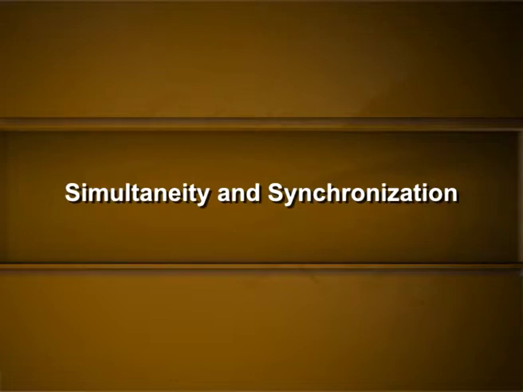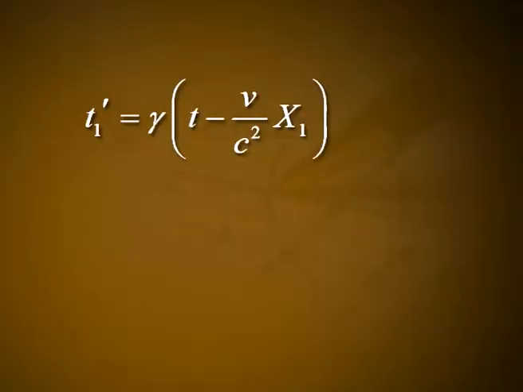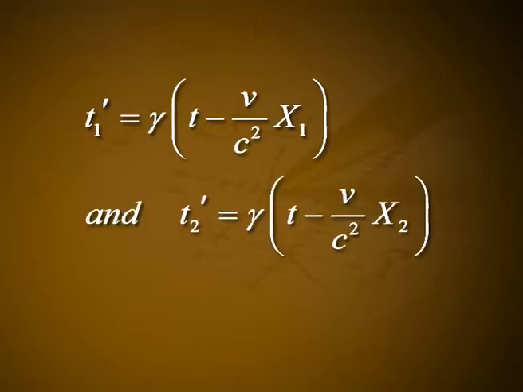Simultaneity and Synchronization. Consider two events occurring at the same time t and at two different points x1 and x2 in the system S. For the observer in S dash, these events would appear to occur at times t1 dash and t2 dash, given by t1 dash is equal to gamma into t minus v by c square x1 and t2 dash is equal to gamma into t minus v by c square x2. t1 dash is not equal to t2 dash.